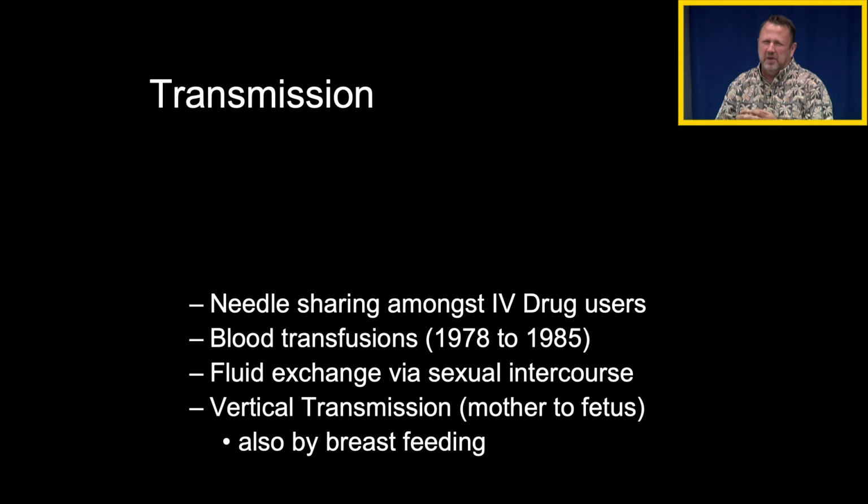These are the main forms of transmission of HIV. Vertical transmission is when the mother transmits something to the baby, either intrauterine or during the delivery. Breastfeeding can also pass HIV from the mother to the baby as well.